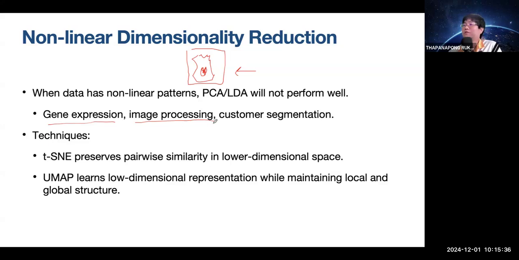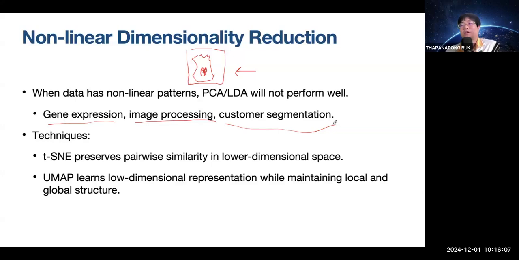We did use LDA for facial recognition, but there are other processing techniques that prefer not to use PCA or LDA. Another example is customer segmentation. Basically, you try to cluster your customers, and customer behavior is typically not linear.